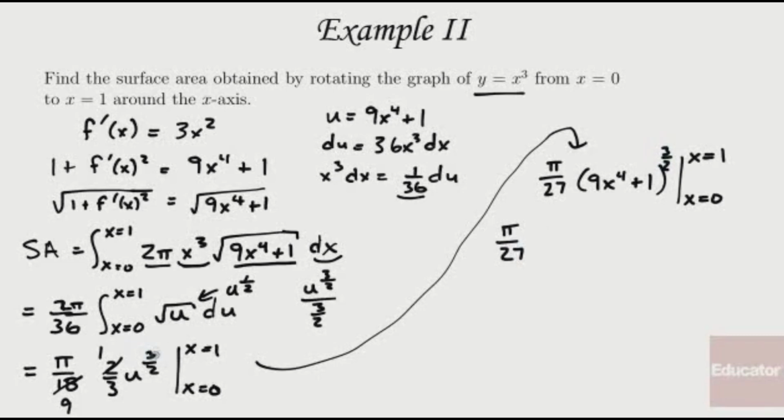That 3/2 came from right there. So then we have 9x to the fourth plus 1. If we plug in x equals 1, we get 9 times 1 plus 1, so that's 10 to the 3/2. X equals 0, if you plug it in, just gives you 1 minus 1 to the 3/2.